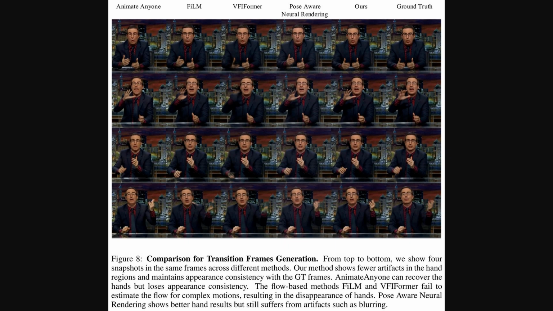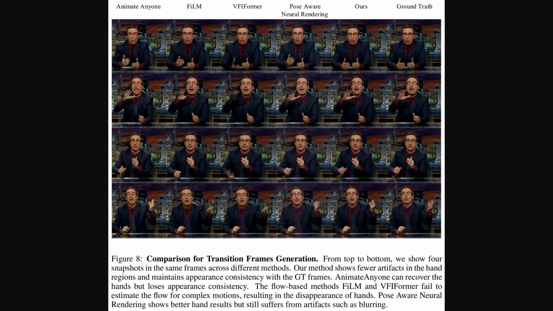Alright, so after hierarchical audio motion joint embedding helps find the best matching gesture clips, the next challenge is smoothly connecting them. This figure visually demonstrates the quality of transition frame generation. We see several snapshots comparing different methods, like Animate Anyone and Film, against TANGO's approach, labeled Hours, and the ground truth, which is the real video.